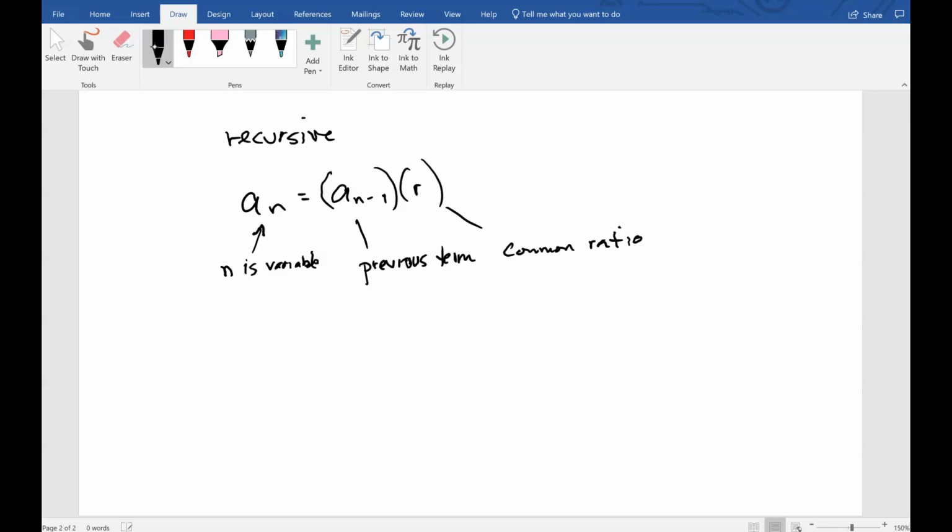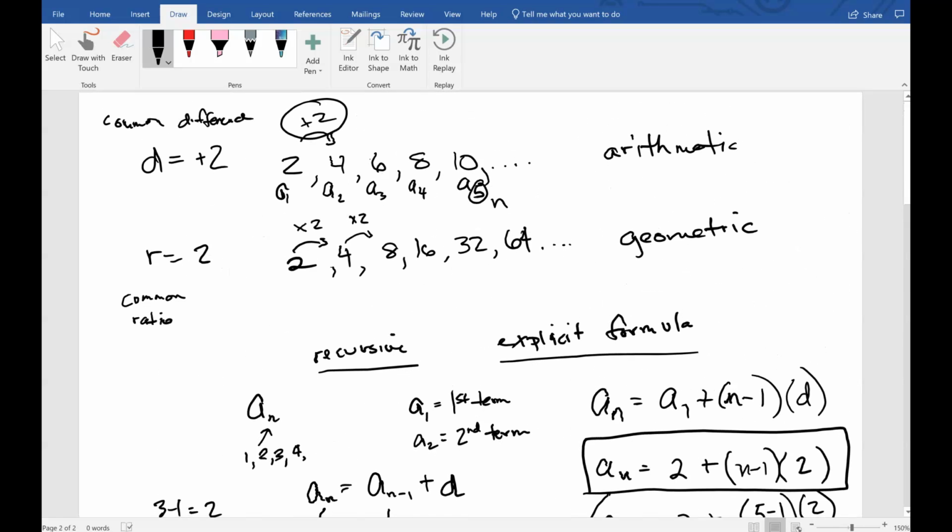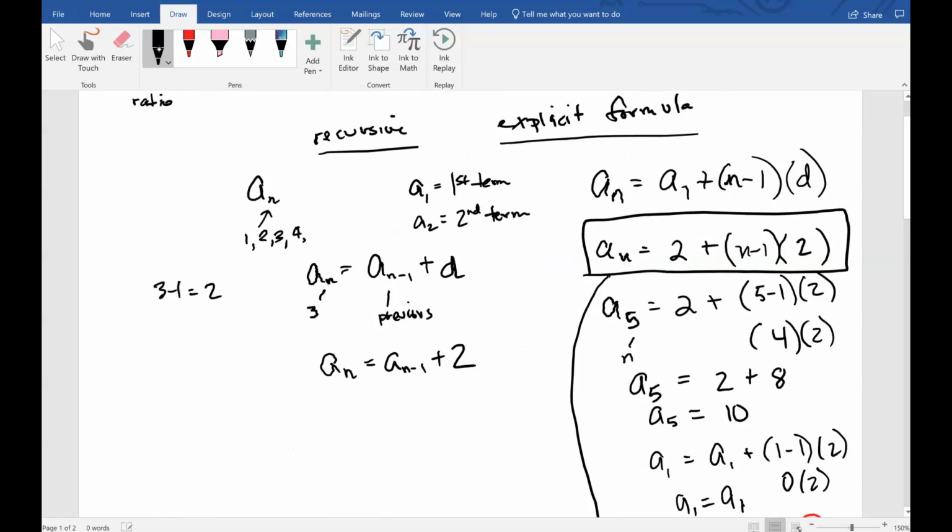Okay, so like in the first one that we looked at, let me just highlight it here. We looked at this sequence here, 2, 4, 8, 16, 32, and 64. We said our common ratio was equal to 2.